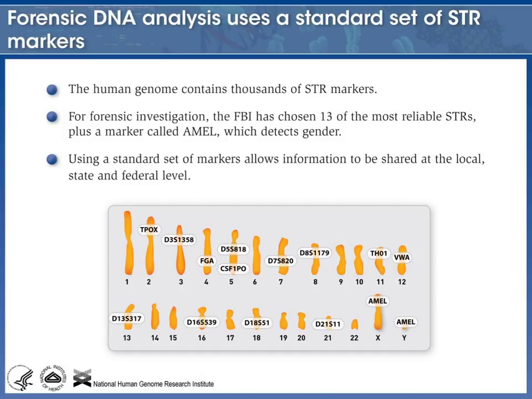So let's say you have an individual who has been convicted, let's say 10 years before, of raping this woman. At that time, they didn't have this technology, but they still collected various fluids like semen from the woman during the test.